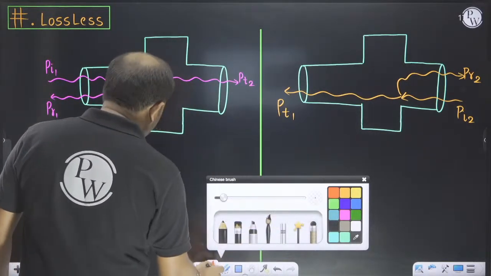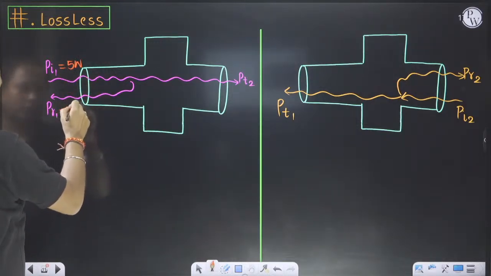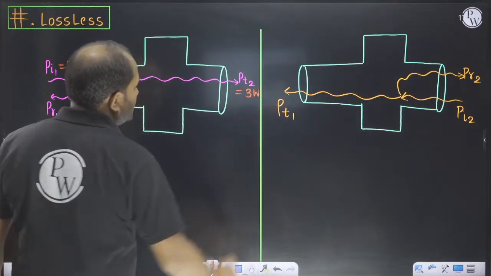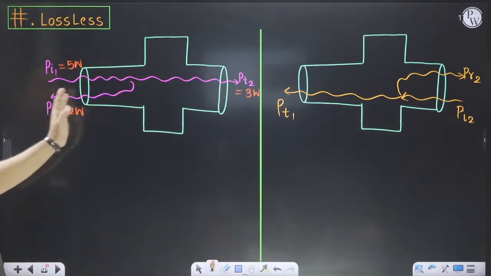In this case, if you incident 5 watt, and it is reflected 2 watt and transmitted 3 watt, there is no loss in this device.